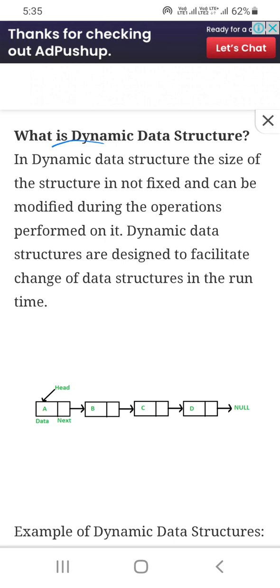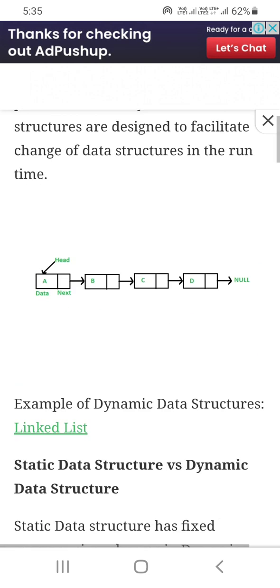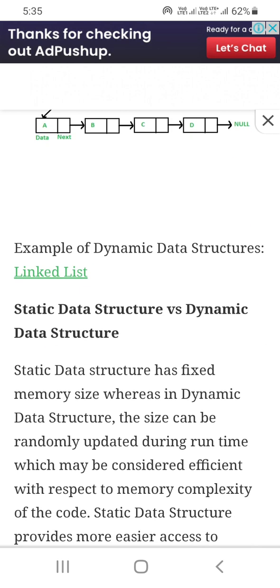What is a dynamic data structure? In a dynamic data structure, the size is not fixed and can be modified during the operations performed. It is designed to facilitate changes in the data structure at runtime, like head and null. An example of a dynamic data structure is a linked list.